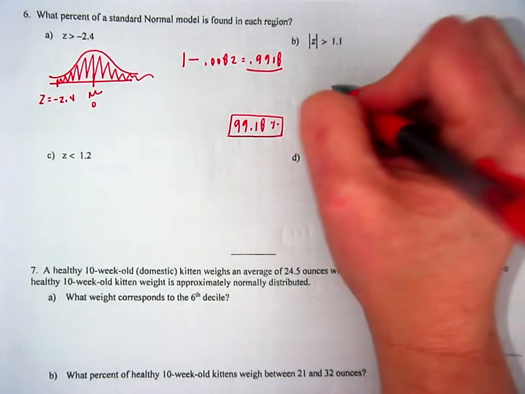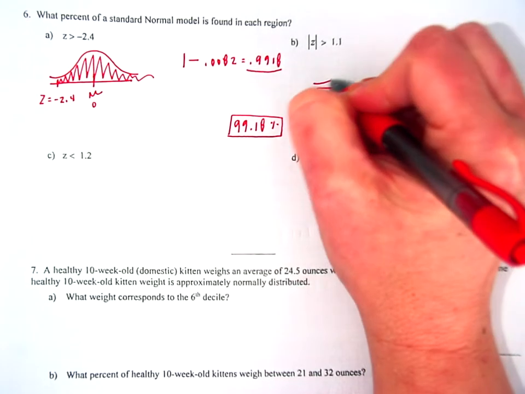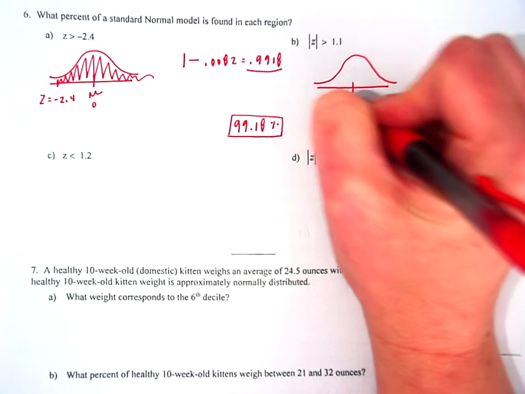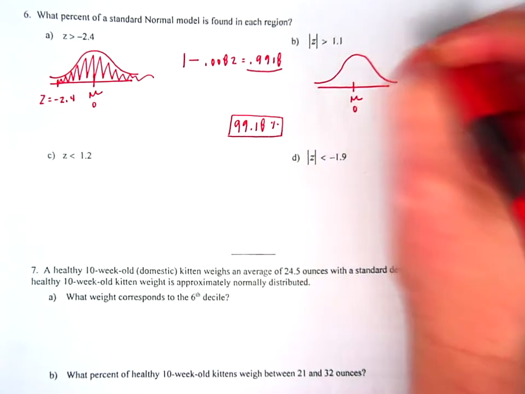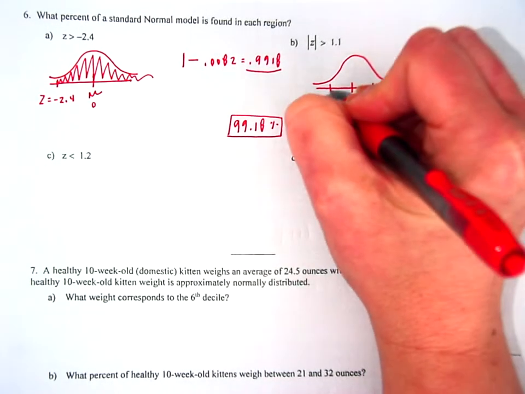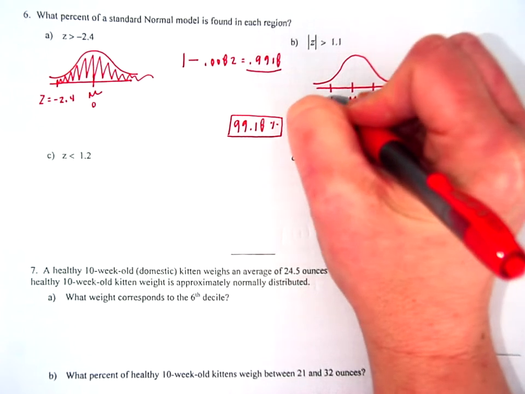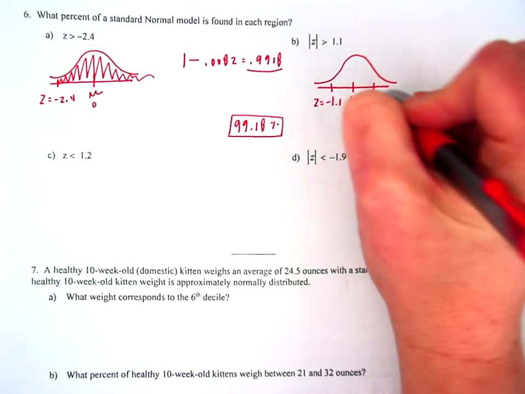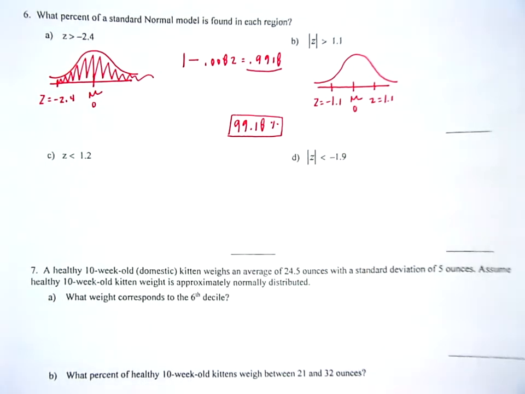So if I draw out my normal curve like this, mark the mean, z-score is 0, I'm just going to go 1.1 z-scores away in both directions. And again, let me say that back to you one more time. Whenever I see absolute value, it's telling me that it's a magnitude. The distance from the mean is more than 1.1 standard deviations away. So let me write that over here.